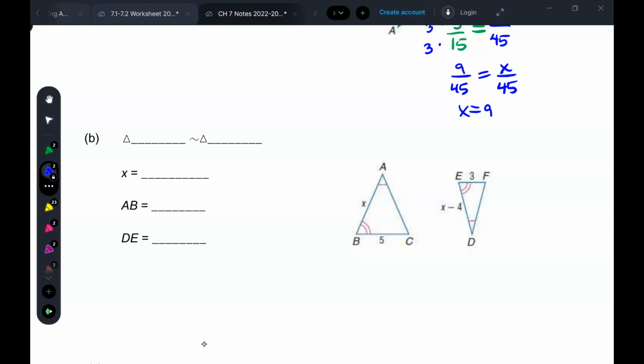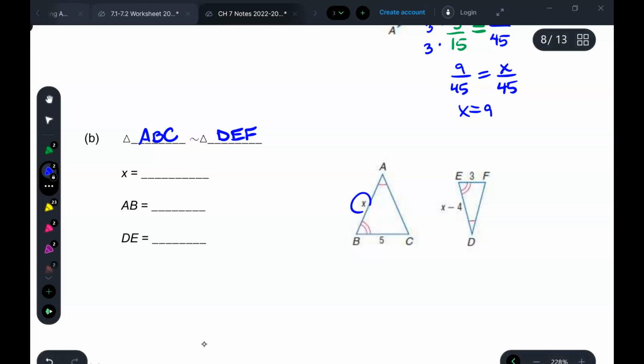So like I can write ABC here. Again, two congruent angles. ABC has to be similar to DEF. So yeah, X has to correspond to 5. Oh, X minus 4.